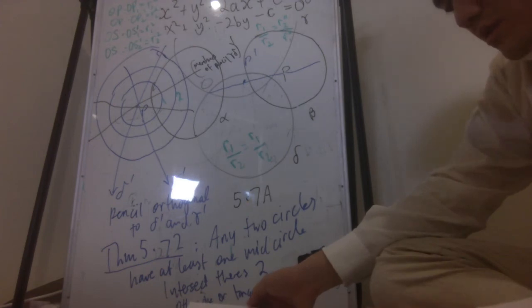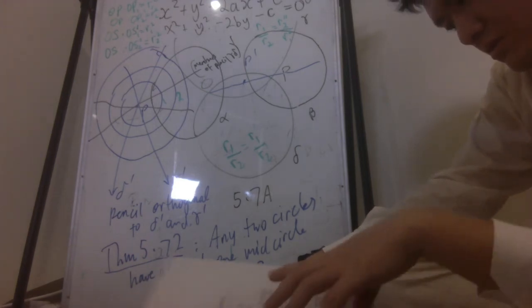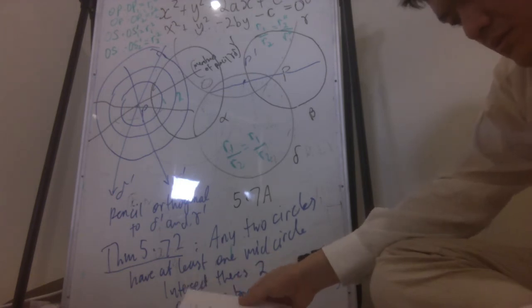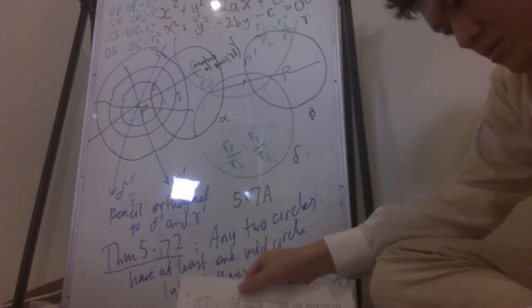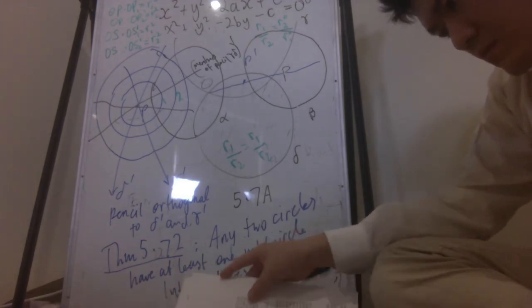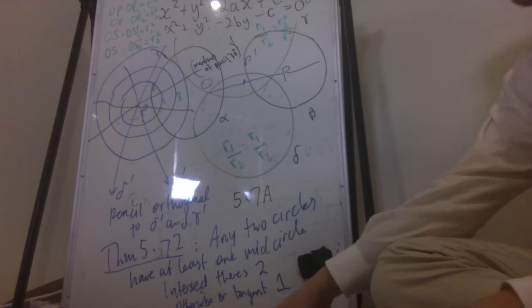The cross ratio is preserved. Maybe it's related to this theorem, I think.